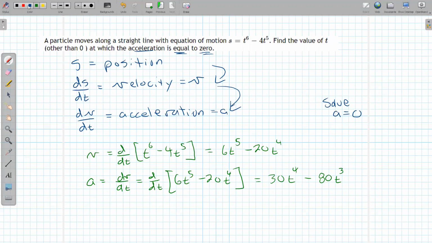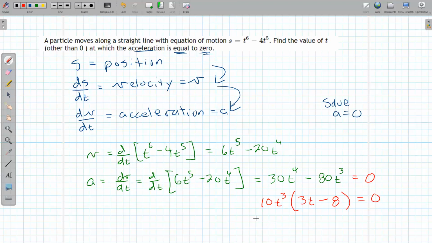And so next step is to set that equal to 0 and try to solve. The first thing I notice here is that I could factor out 10t cubed. 10t cubed times 3t minus 8.